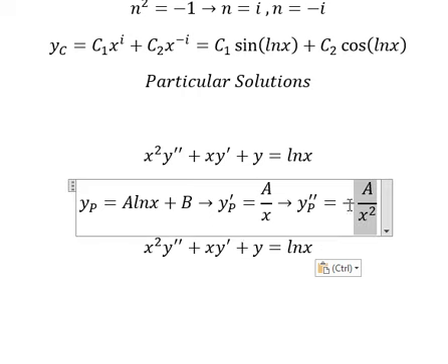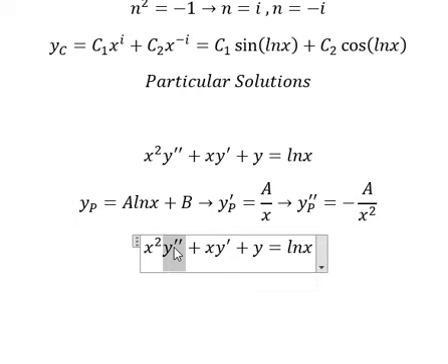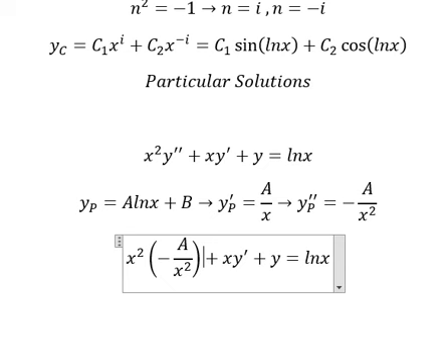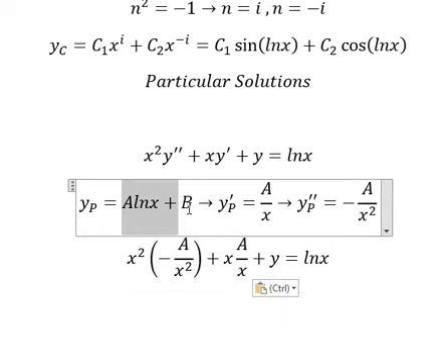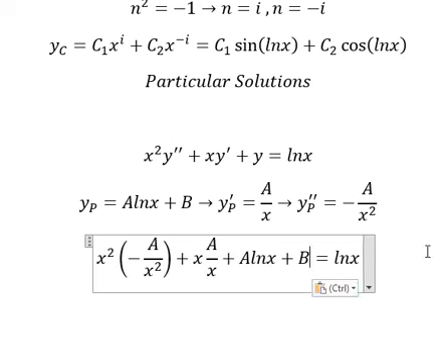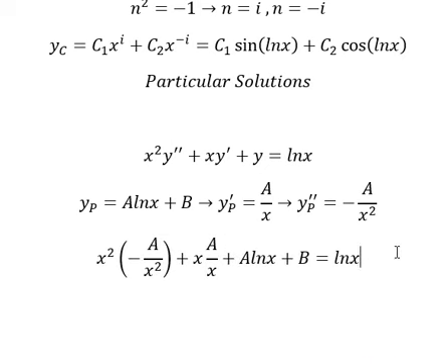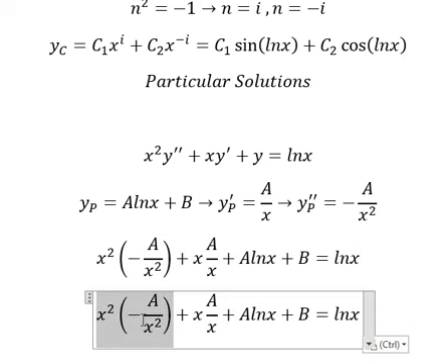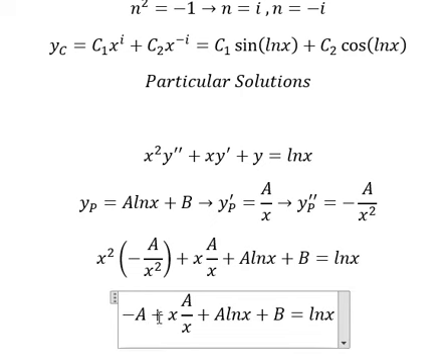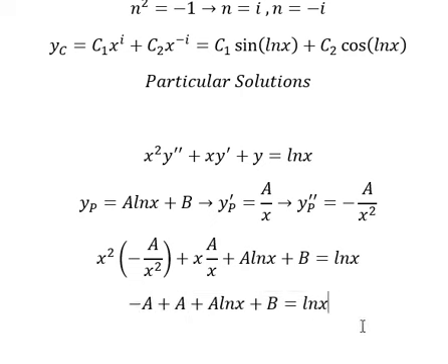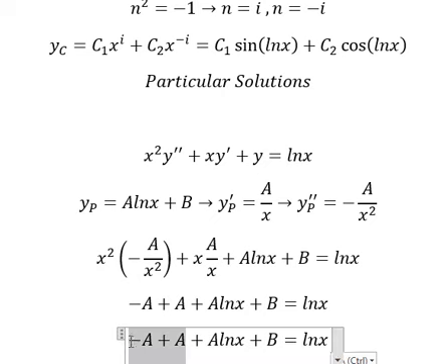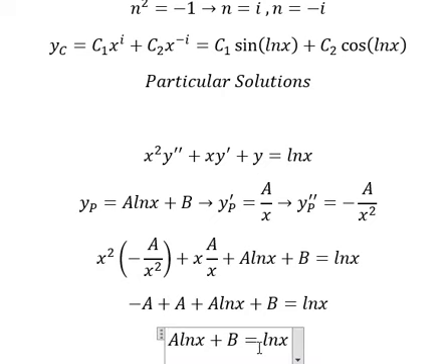So I will put this one in here, and this one here. Y is this one. Now, if we simplify, you got negative A. This one we have positive A. So we simplify negative A and positive A. And we can see that the coefficient of ln s is 1.